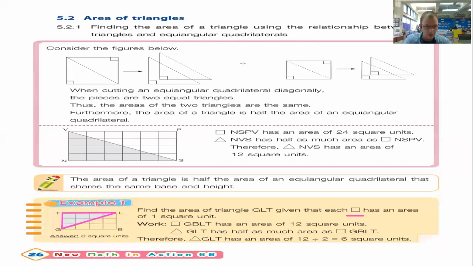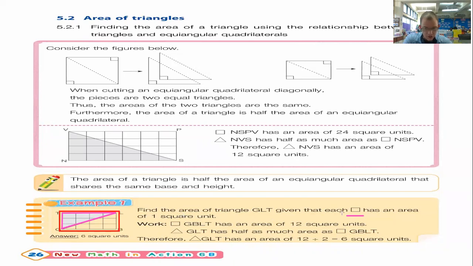So let's look at what they've done. They say work out the whole quadrilateral GBLT. Let me draw that in a different color. So the quadrilateral GBLT is this block here, the bigger one.